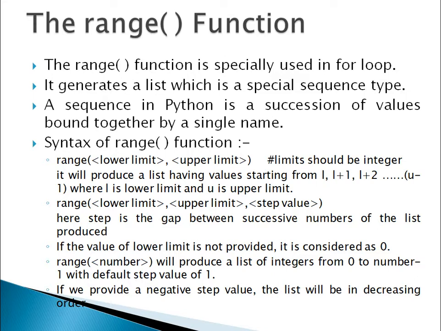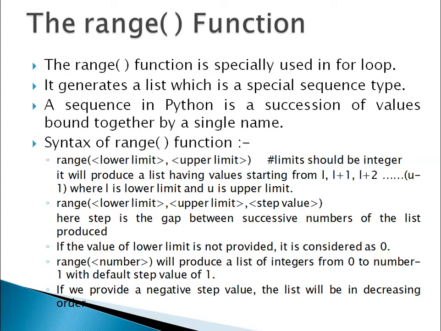Okay. So there are three cases of the range function: range function with 1 argument, range function with 2 arguments, range function with 3 arguments. If you look at these three variants, you will find out that the upper limit must be provided while dealing with a range function. Because if you are not providing the lower limit, it will be considered as 0. If you are not providing the step value, it will be considered as 1. But you have to provide the upper limit.